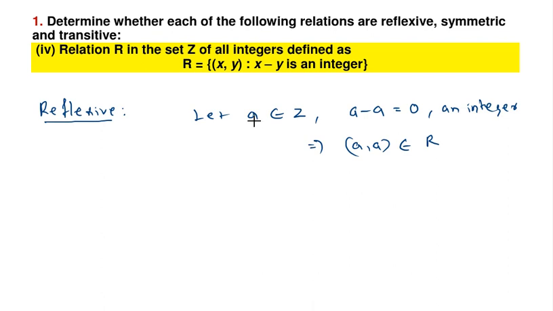For every integer a, a comma a is part of the relation, so it is reflexive.